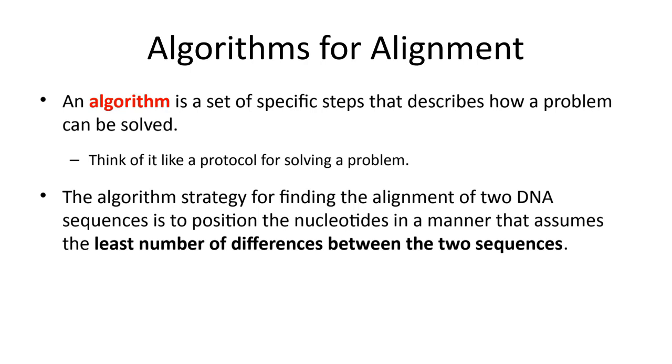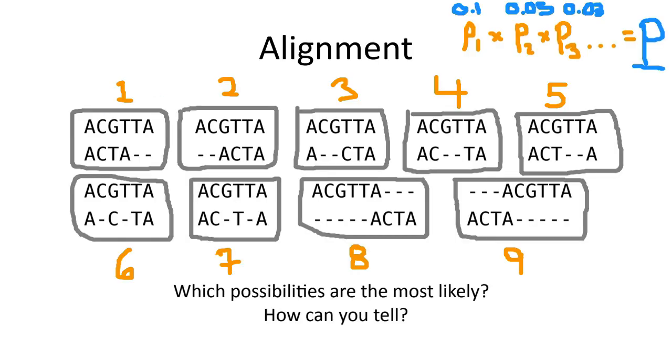If you just want to tell a person a series of steps, you could be very general with it. That's still an algorithm. Like telling a person how to do this, you would say, align these in all the possible ways to align them, and then pick the alignments with the fewest number of changes. That's the algorithm for solving this. So it's like a protocol for solving a problem.